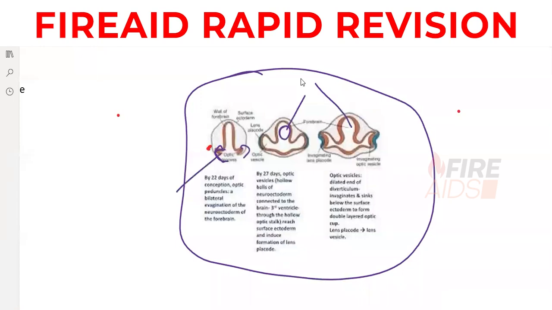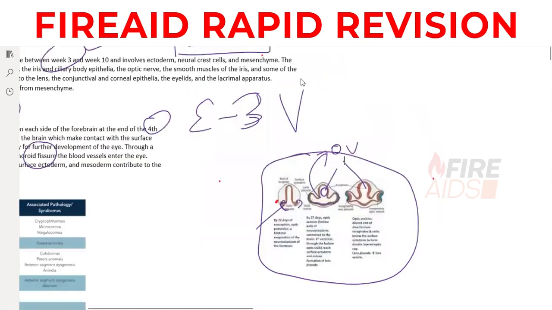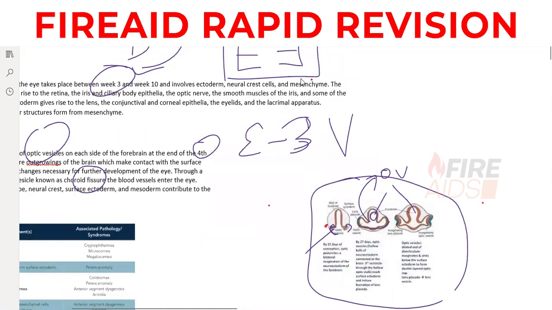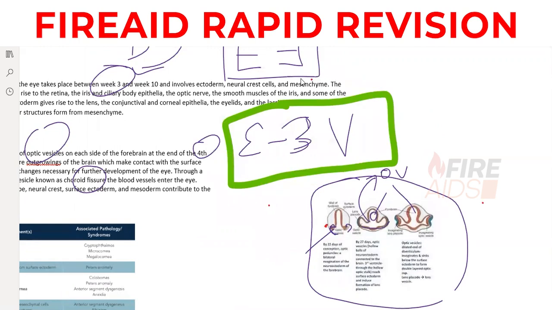When they form and close, they are going to form the optic vesicle. This picture is not important. The points I said are important. All you need to remember is I means third week, I means optic vesicle. So this is the first thing for development of the eye. Third week, optic vesicle. I hope I'm clear here.